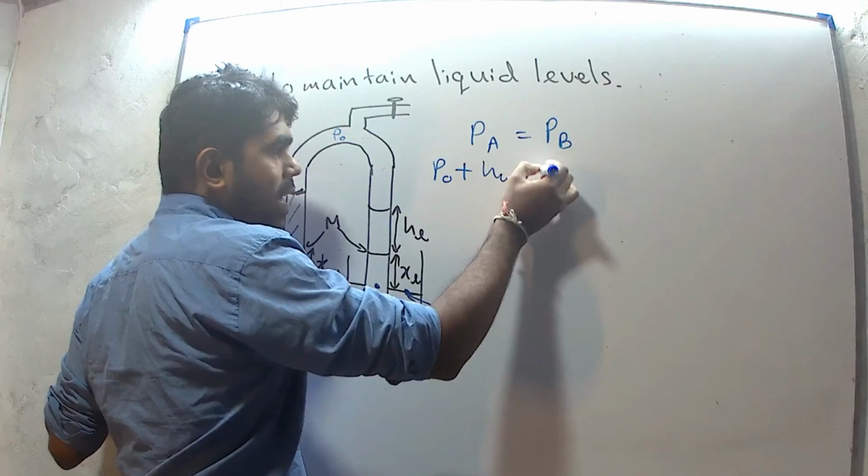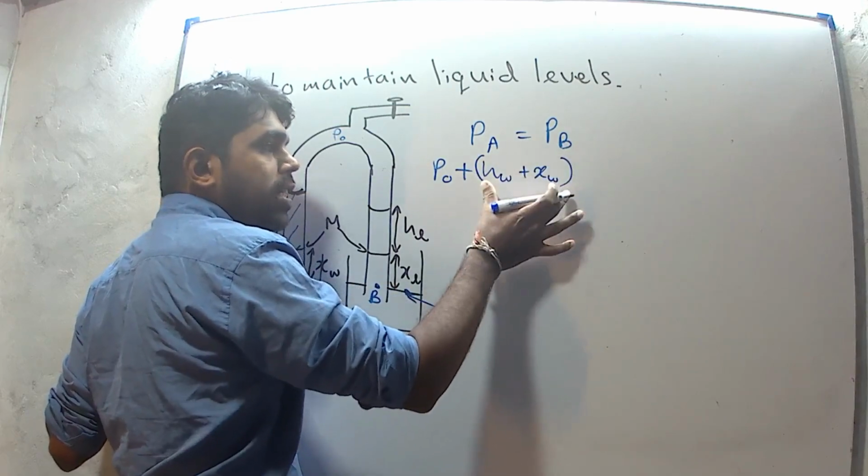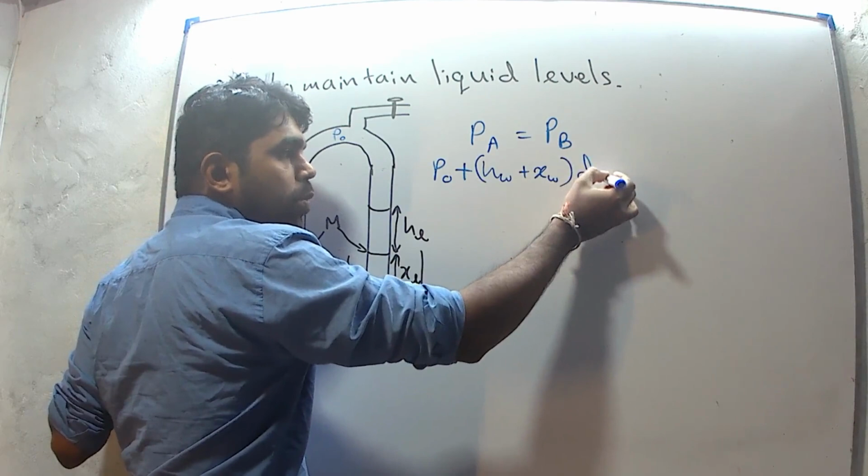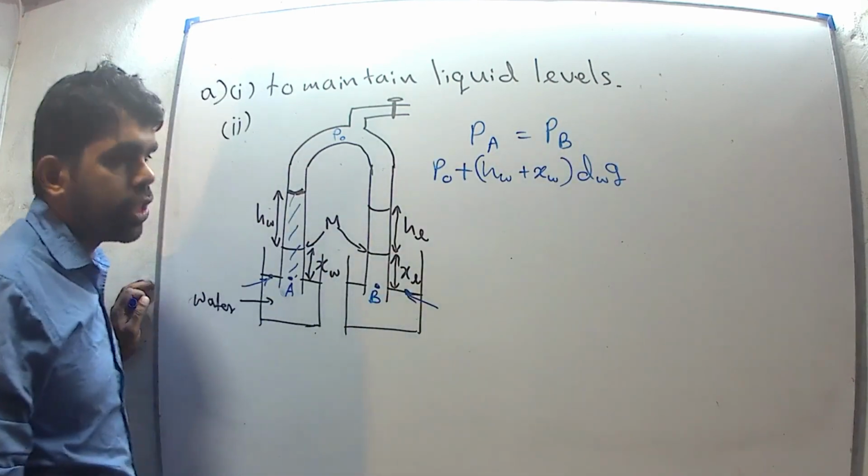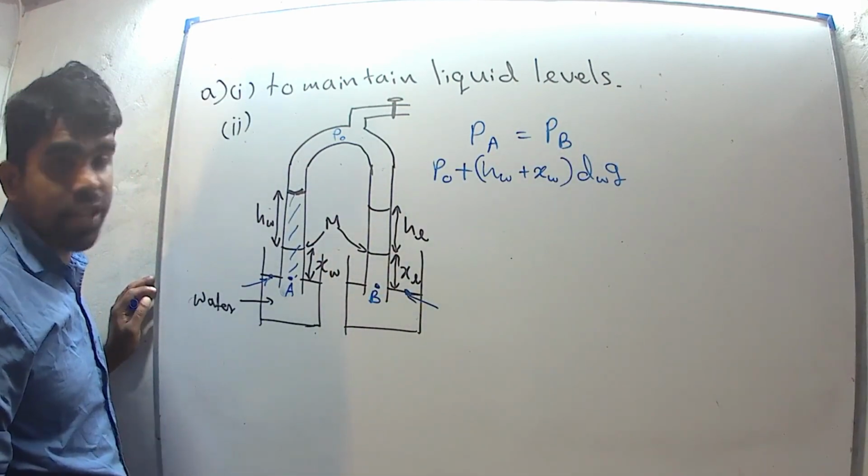HW plus XW, the total height, it is the H value, times dW g. H rho g, we have to use hydrostatic pressure.